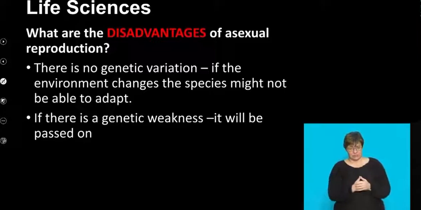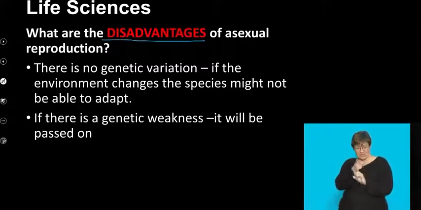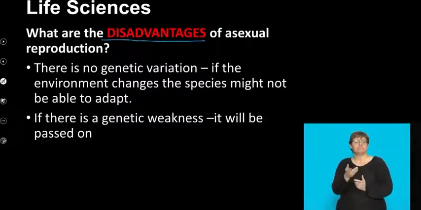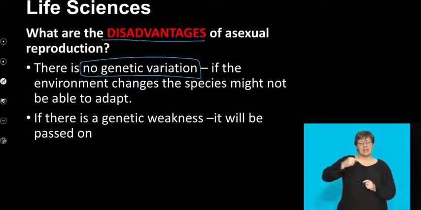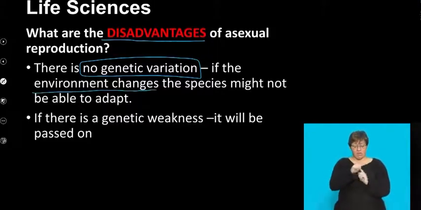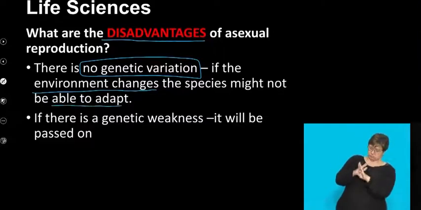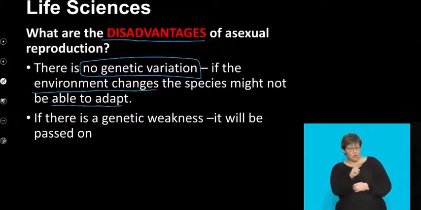Now, if we have a look at the disadvantages, basically we go about this: no genetic variation. Because it's the same thing, if the environment changes, they won't have the genes to be able to adapt. It's one of the things that we look at when you're going to look at evolution.